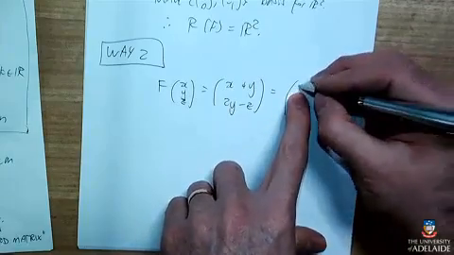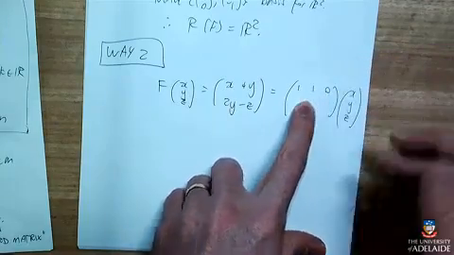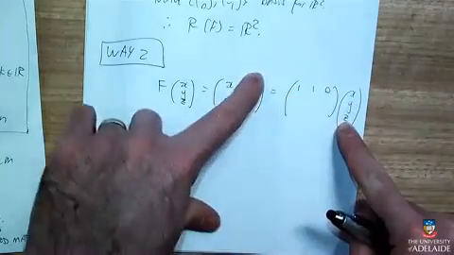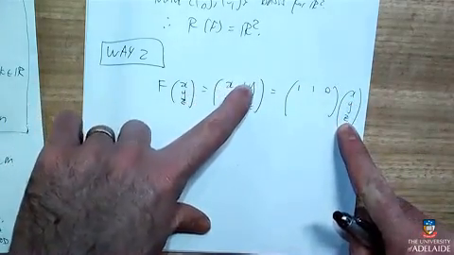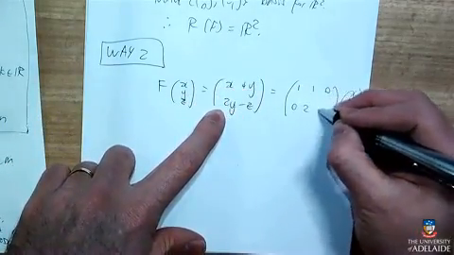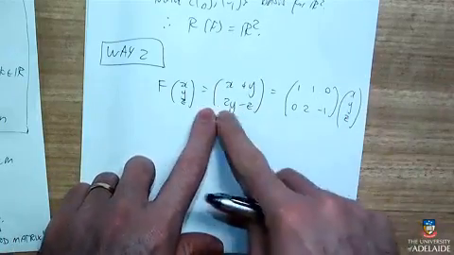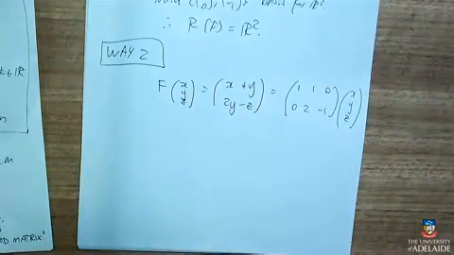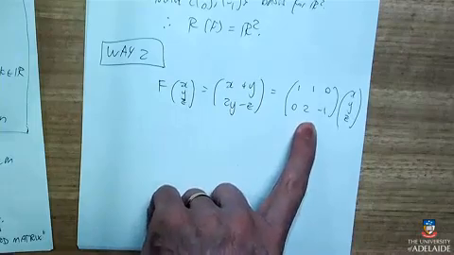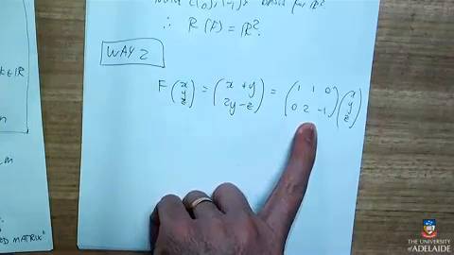I have 1x and 1y and no z's, and this multiplied by this produces this first entry, and this multiplied by this produces this entry. And you'll notice, and it's not a coincidence, that this is the same matrix I drew before when I was finding the kernel.